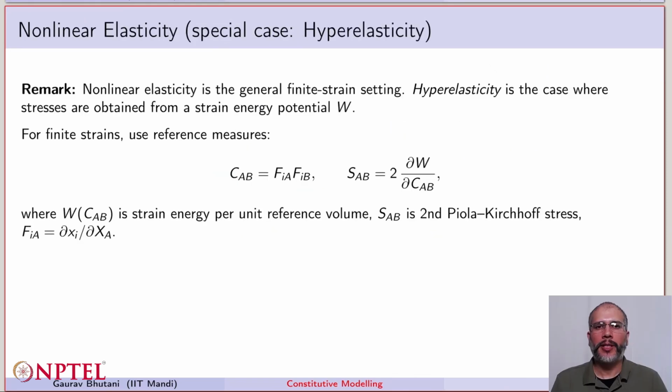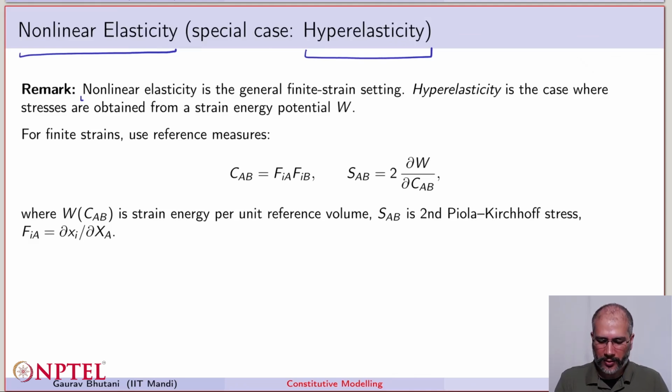So now that we have a good understanding of linear elastic materials, let's go more general. Let's talk about non-linear elastic material, and we'll be talking particularly about hyperelastic material. So let's understand what all these terms mean. Nonlinear elasticity is the general situation where you have a finite strain setting. For finite strains, you'll expect that nonlinear effects become prominent.